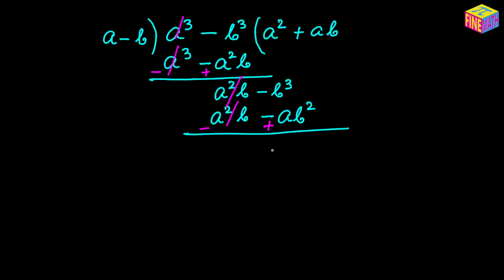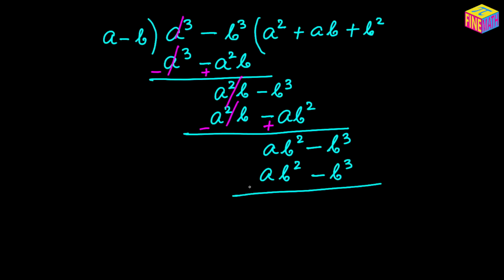So here we get ab squared minus b cubed, and now a will go b squared times into ab squared. So our third term in the quotient would be b squared. Here we get ab squared, and then minus b times b squared, that would be negative b cubed. Again we change the sign and do the algebraic sum. This cancels, and this also cancels. Finally we are left with nothing as the remainder.